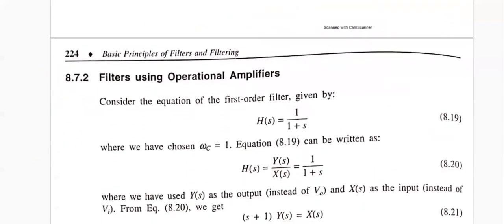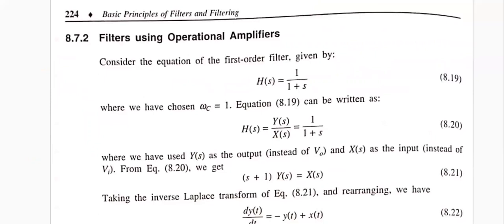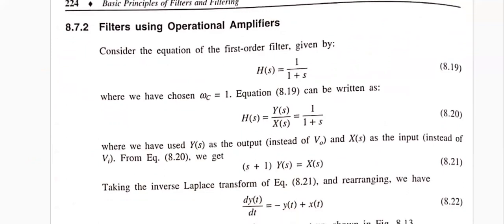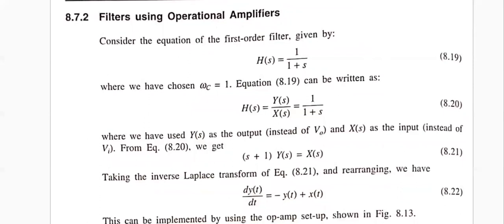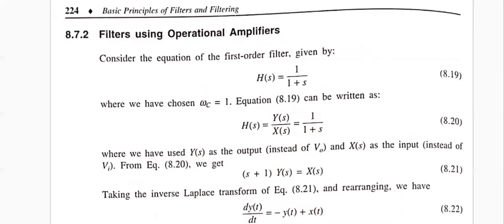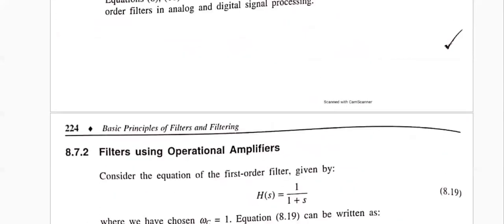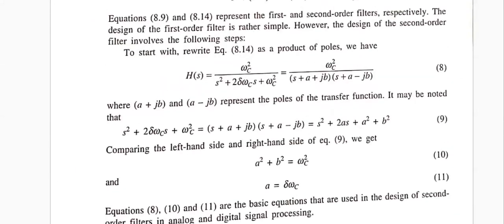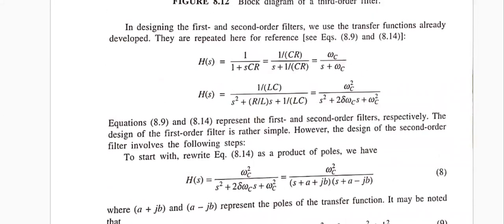Filters using the operational amplifier. So far we have discussed everything based on passive elements, and we have learned how to build the filter both for the first order and second order, and we can make combinations of those. Now if we follow the previous equation, we know this is the equation.